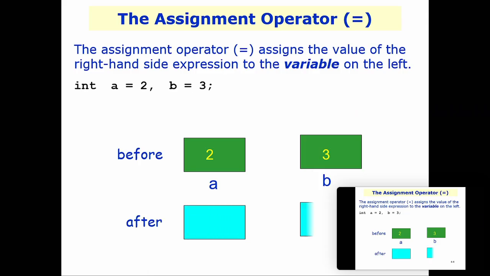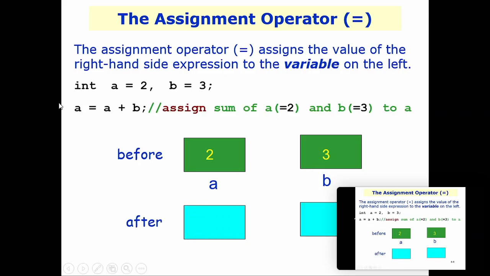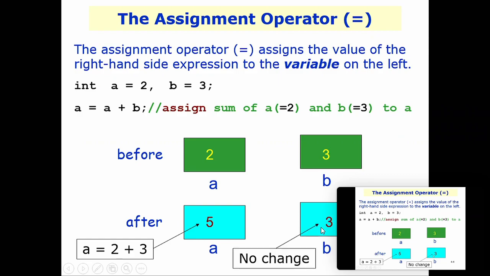Next, you want to do a certain operation right here. a = a + b. So this a + b will be assigned to variable a. So in this memory for a, you will store 5. b doesn't have any change, right?